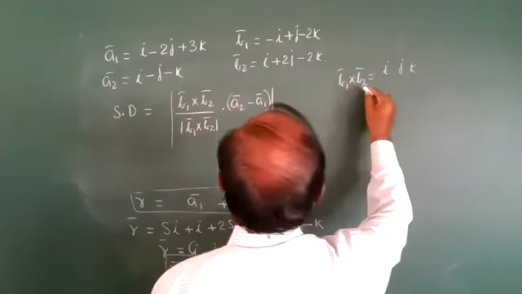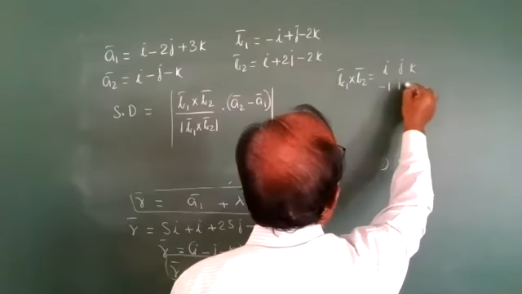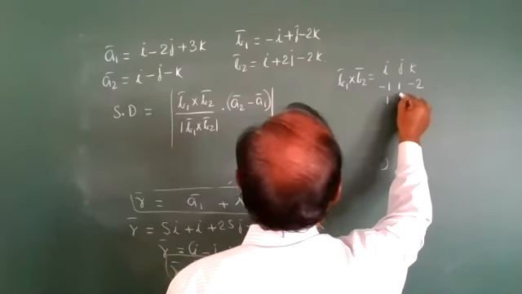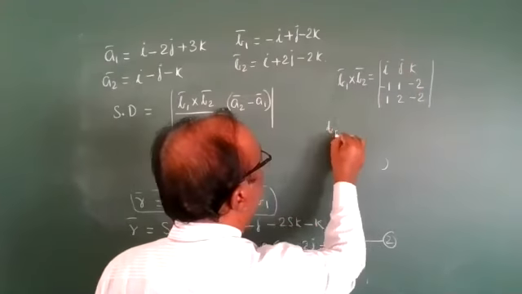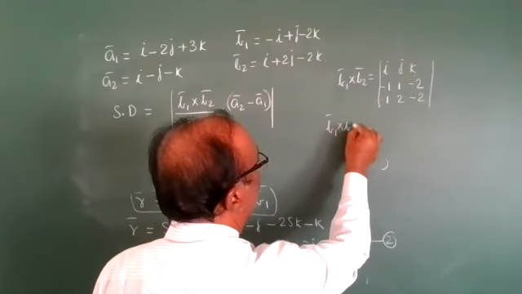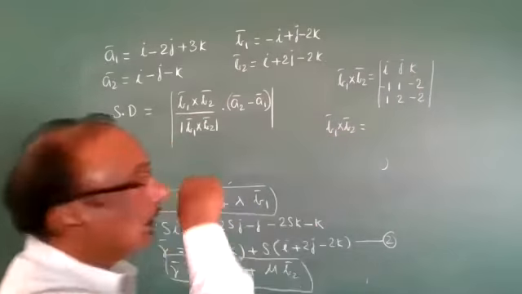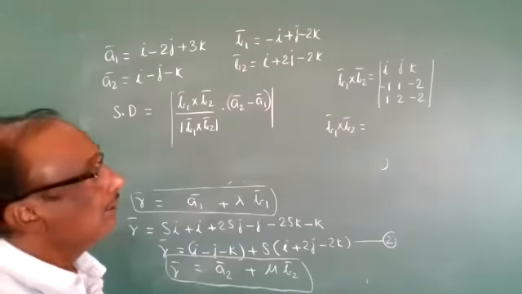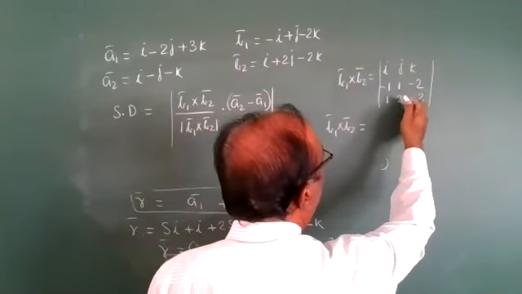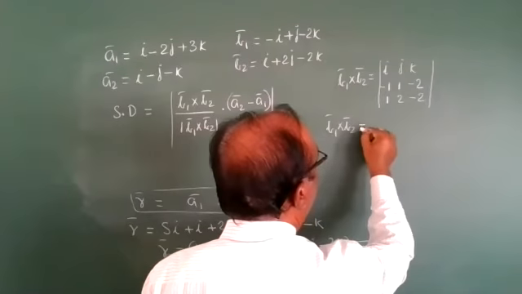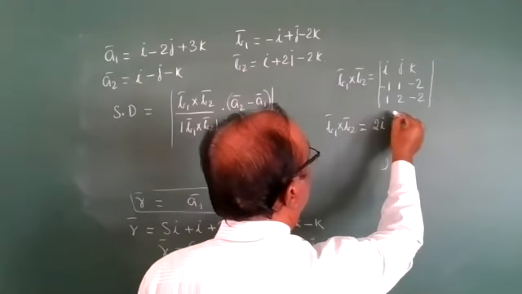ijk, B1 vector is -1, 1, -2, B2 is 1, 2, -2. B1 cross B2 bar: the i value is i times -2 plus 4, that is 2i.